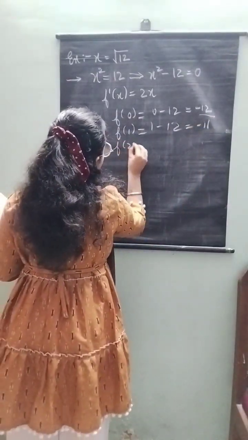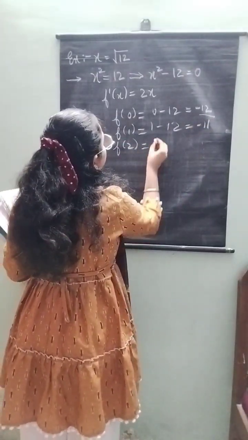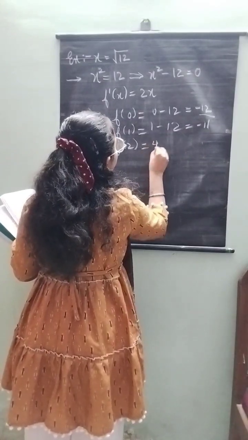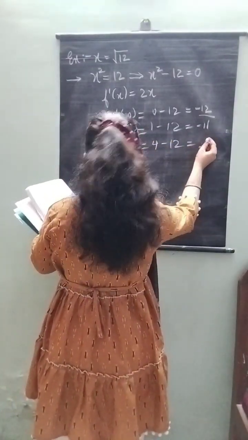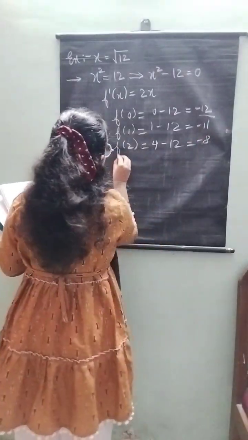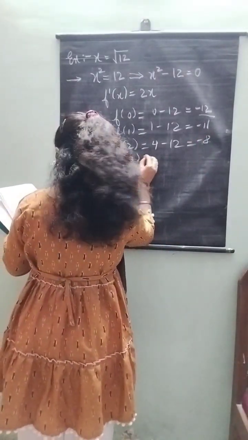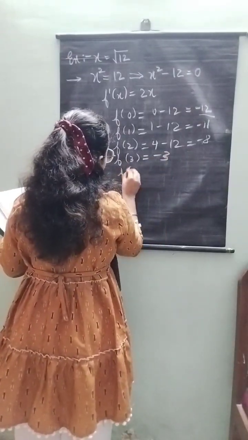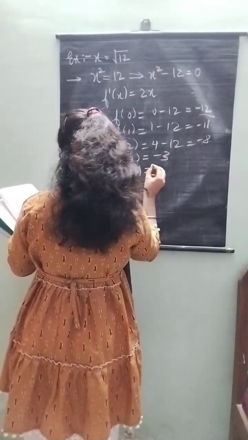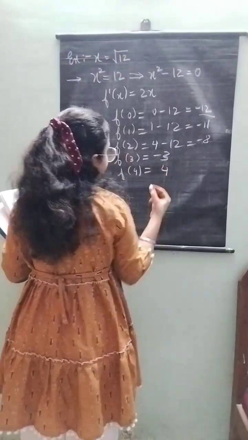Then f of 2, 2 squared is 4, minus 12, equals minus 8. Then for f of 3, it's minus 3. And for f of 4, it will be 4.